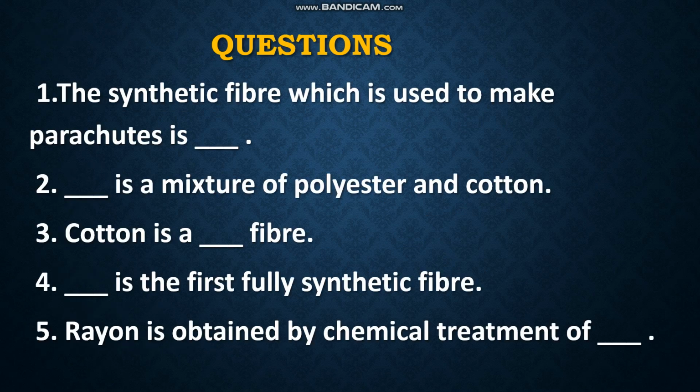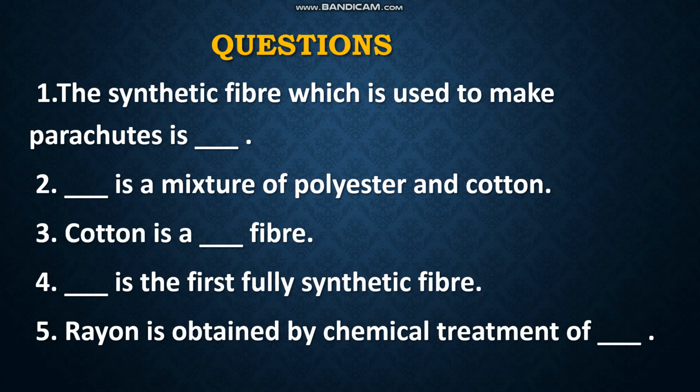So I'll ask you a few questions. Are you remembering previous class or not? Ready to answer? First question. The synthetic fiber which is used to make parachutes is dash. Have you answered? The second question.